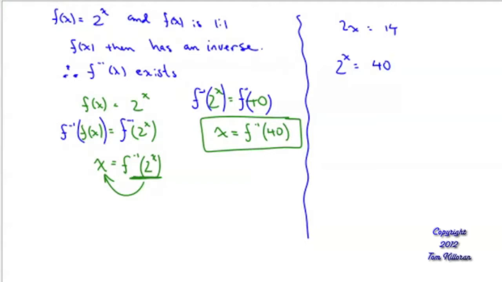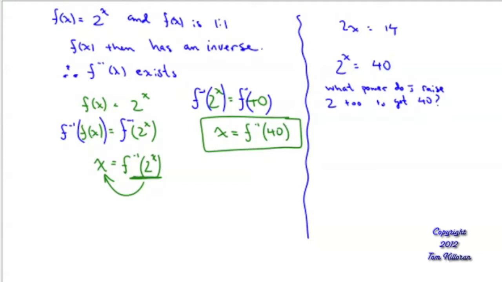If I was going to solve for x, I would say, what power do I raise 2 to, to get 40? If I can create a function that answers this question, I've found the inverse.